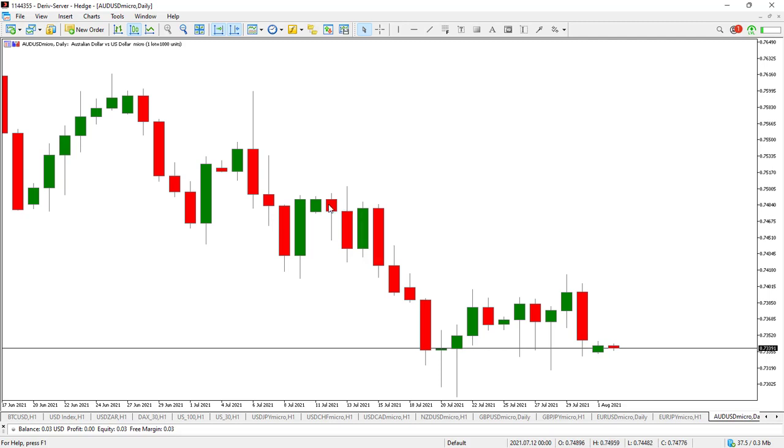We have 1 2 3, and then the market just gave us a retracement here, and this is the closest that I can get, and I won't be looking for the market to come to test this zone for this week.